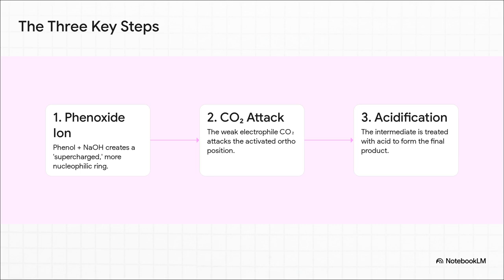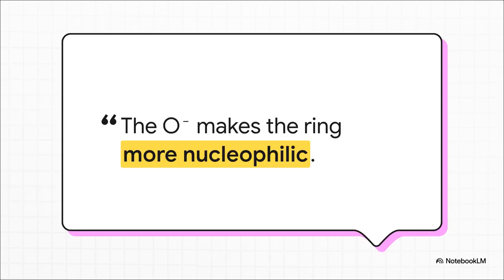This creates something called a phenoxide ion, and this is the crucial step that basically supercharges the molecule. Second, that now activated ring is ready for action and it attacks the carbon dioxide. And finally, a little bit of acid is added to neutralize everything and give us our stable final product, salicylic acid.